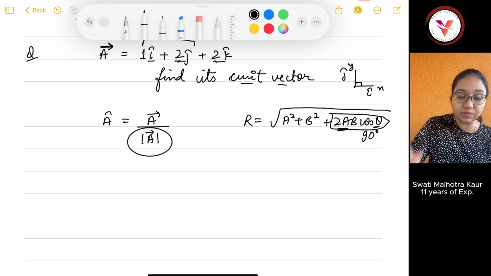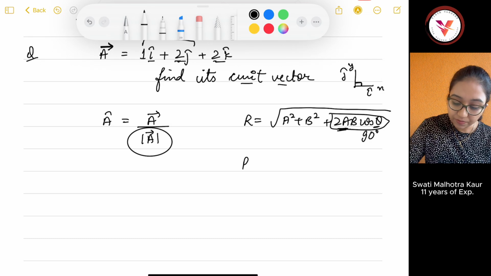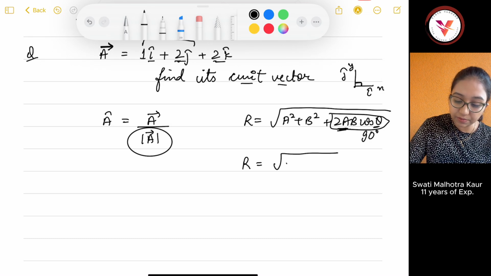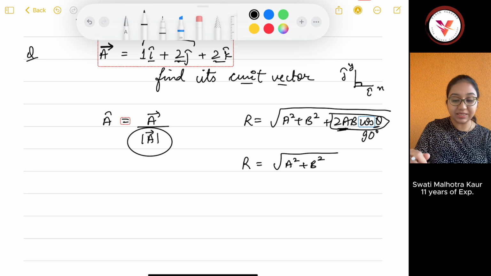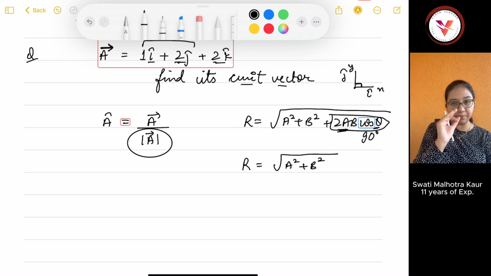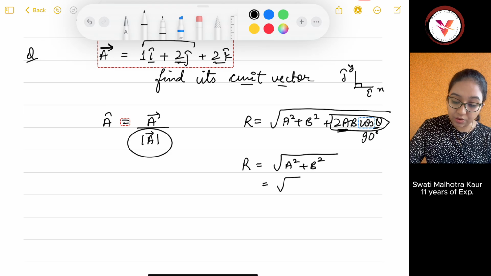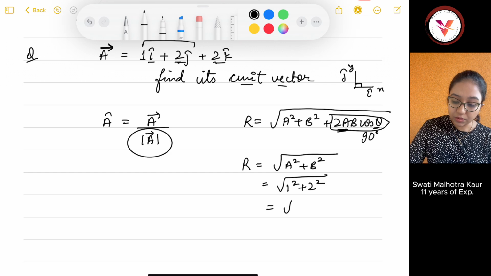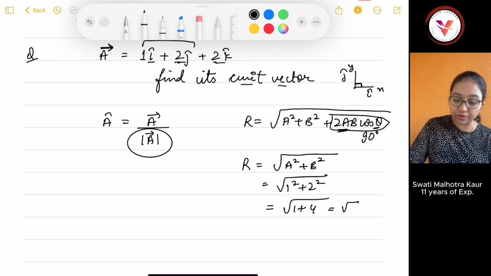So this whole term goes to 0, and then your r vector will simply be a vector plus b vector. That means i cap plus 2 j cap, that means 1 square plus 2 square. Take the magnitude. When you take this, you will get 1 plus 4, that is root 5.